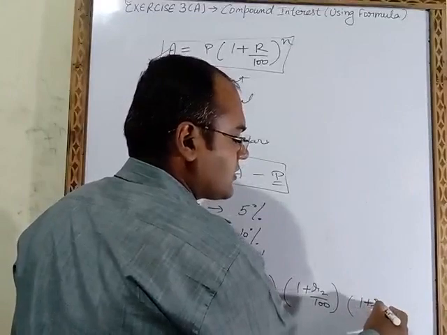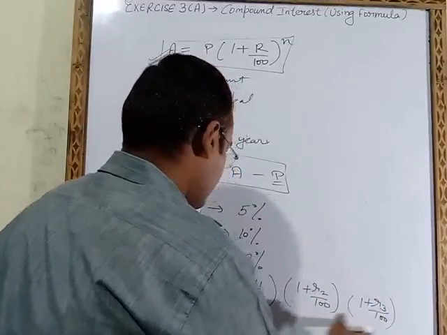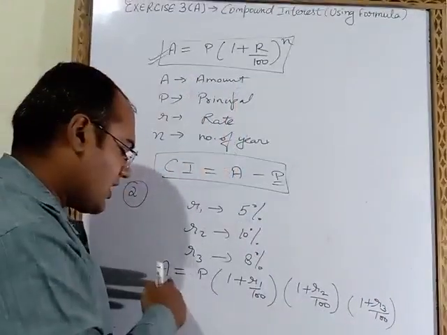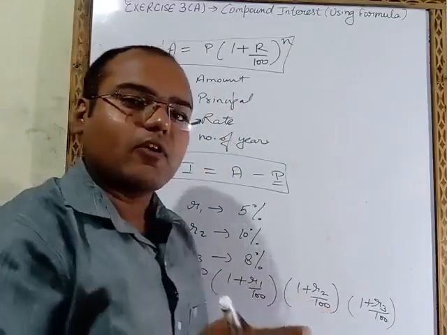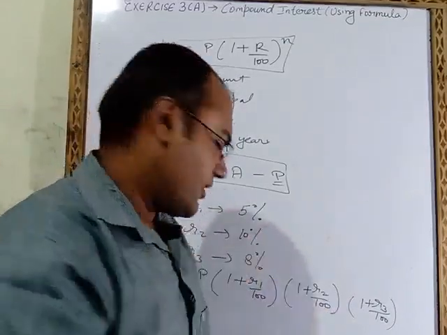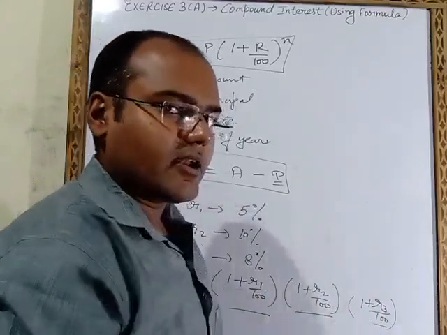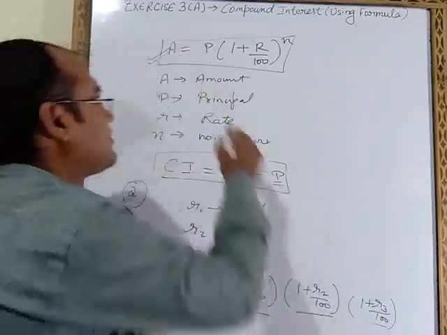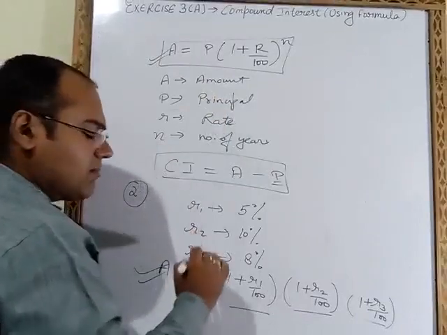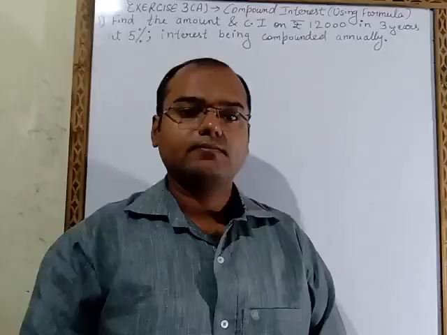This is the formula to calculate amount if the rates for the successive years are different. This is for the first year, this is for the second year, and this is for the third year. So these are the two general formulas that you have to remember for this exercise.